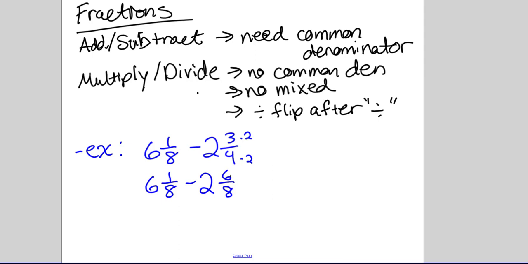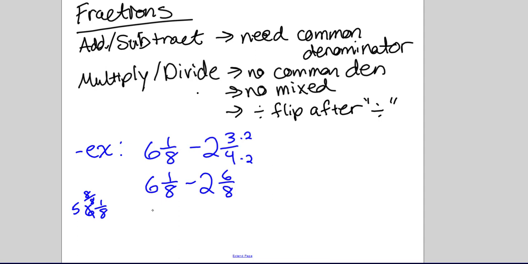So now, if I want to solve this as mixed fractions, I can't really do 1/8 minus 6/8. That's going to get messy. So one way I can do this, there's a few different ways, but one way is doing some borrowing. I'm going to do this over to the side. So 6 1/8. If I borrow a whole number from 6, so that's going to go down to 5. So I break this down to 5, and then the one I'm borrowing is the same as 8/8.